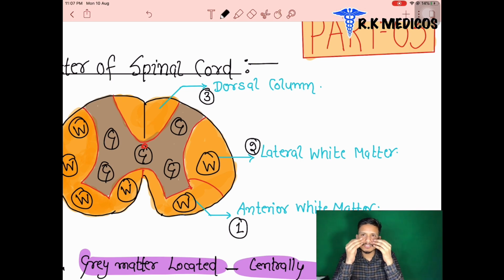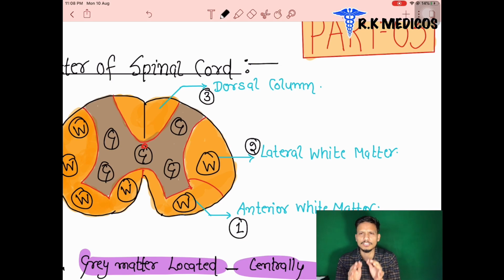This information is assessed, processed and commanded by the brain, and after processing, the brain sends impulses down, coming from the brain to the brainstem, then the spinal cord, and then to the different parts, going to the effector part of our body. So all these moving downward are called descending, motor and efferent fibers.